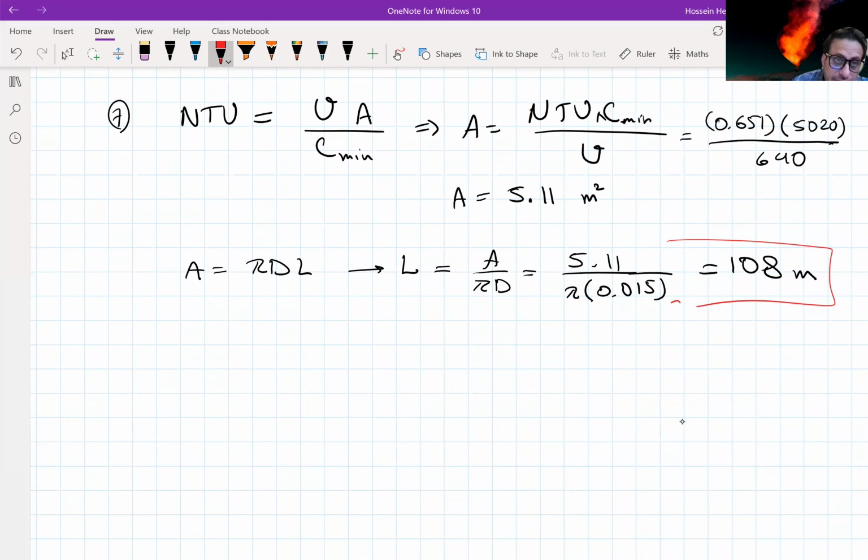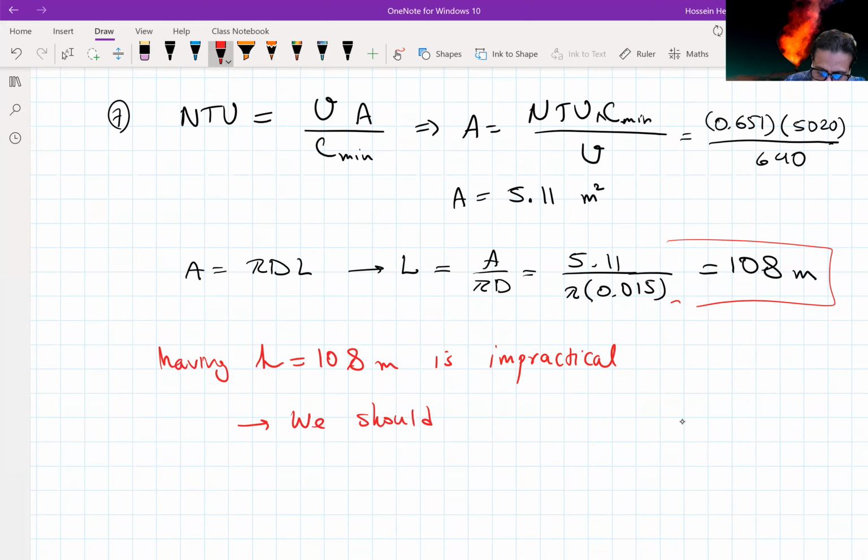Now, I'm just going to add this one as a note. Having L over 100 meters is definitely impractical. It would be super expensive, even making that, making the space, and insulating it. So alternatively, we should use other types of heat exchangers.